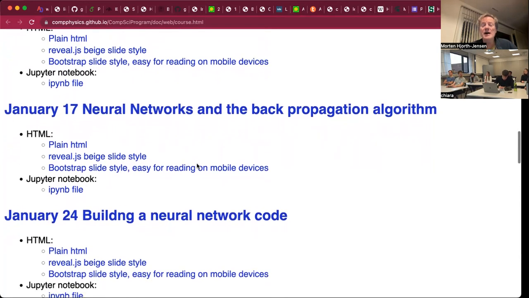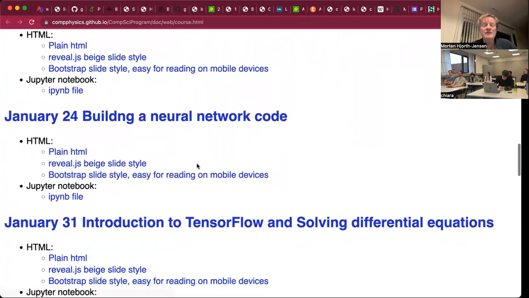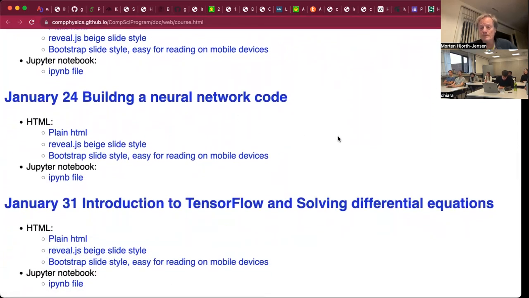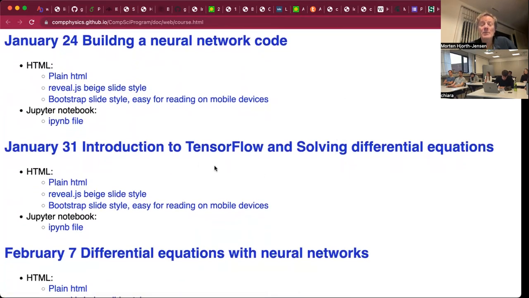And when we've done that, we are going to dive into building a neural network code and how we can actually set it up. We are going to look then at a popular library which was released by Google, which is called TensorFlow, which also has some very nice APIs like Keras.